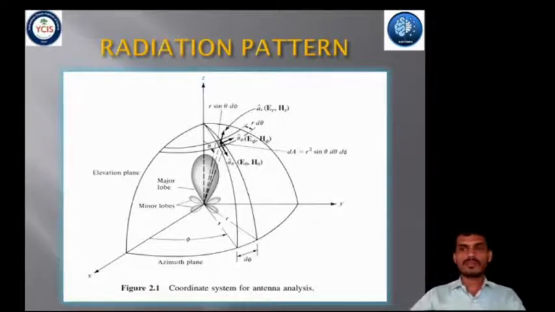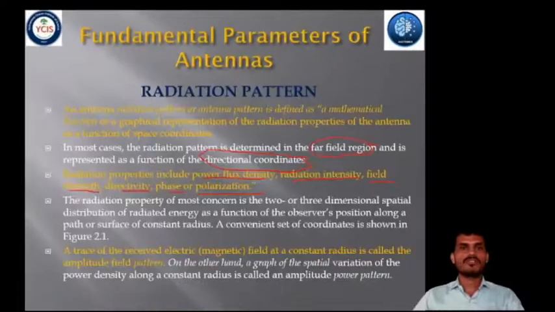A trace of received electric and magnetic field at a constant radius is called the amplitude field pattern. On the other hand, a graph of the spatial variations of the power densities along a constant radius is called the amplitude power pattern.